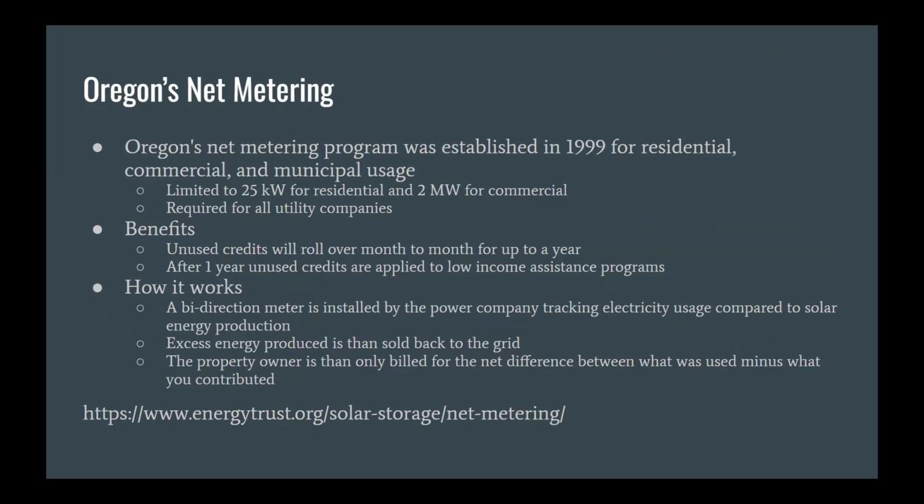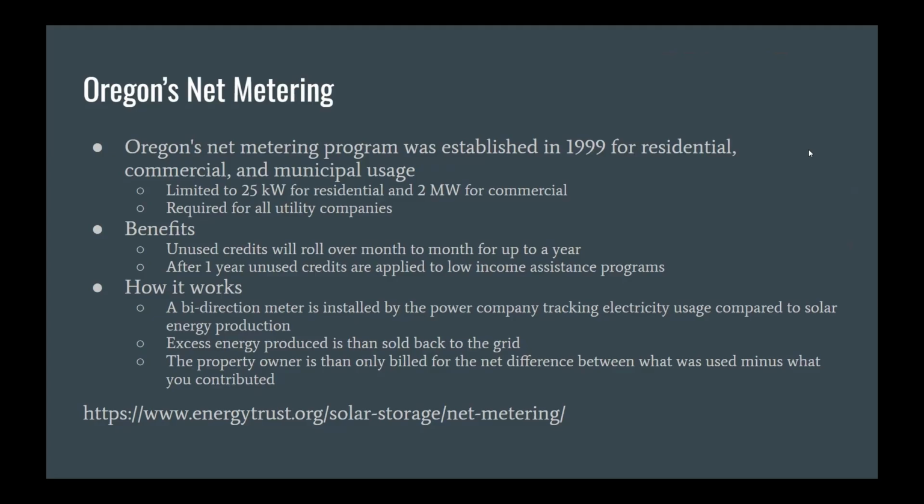The final policy focuses on Oregon's net metering program. The program was established in 1999 and plays a vital role in encouraging homeowners and businesses to invest in renewable energy systems like solar power. Oregon designed its net metering program to make renewable energy more accessible.